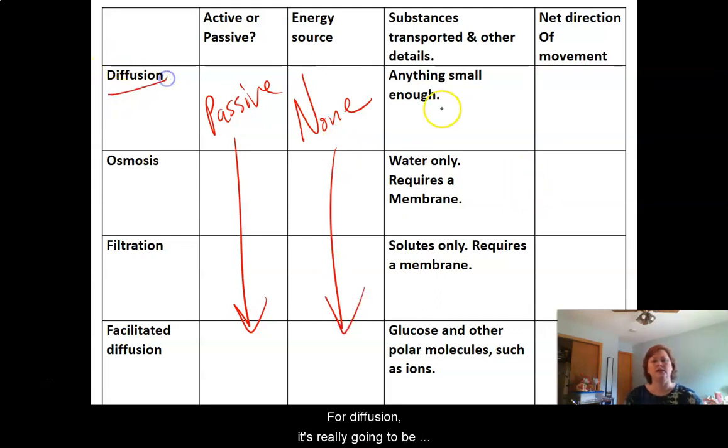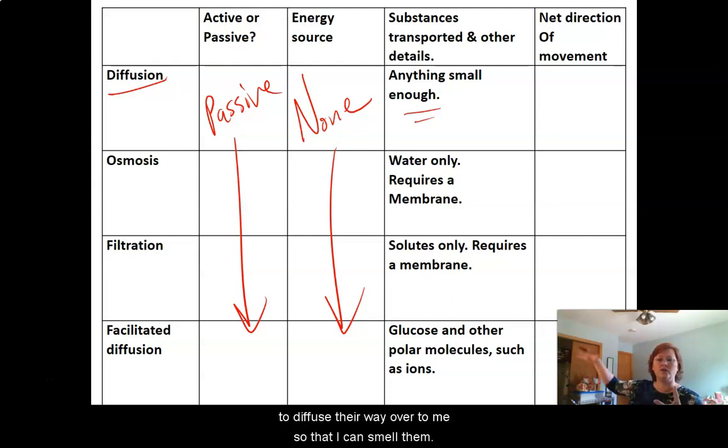For diffusion, it's really going to be anything that's small enough. So for example, if I burn a candle on the other side of the room, if somebody walks in the door right by where the candle is, they're going to smell those molecules right away. They're going to smell whatever the odor is. But it might take a few minutes for those molecules to diffuse their way over to me so that I can smell them.